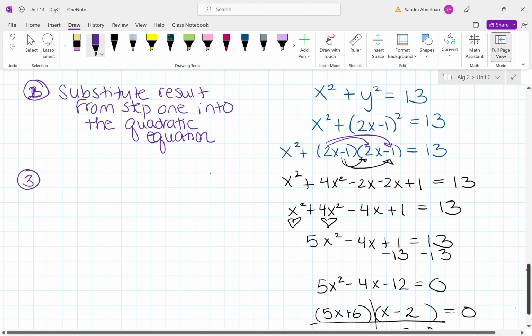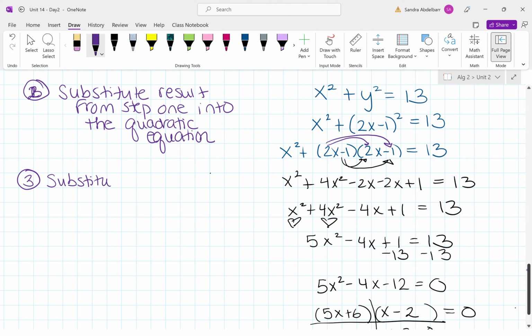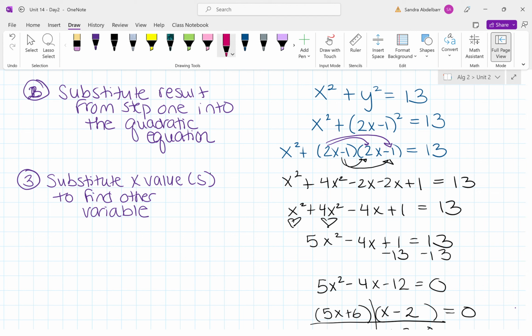So now what we want to do is substitute x values to find the other variable. So now we had x equals 2 and x equals negative 6/5.